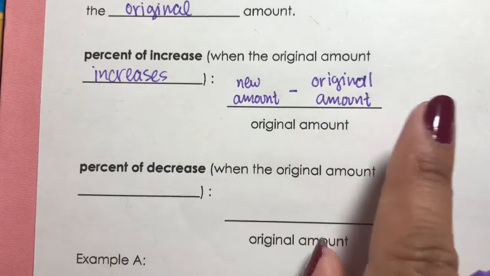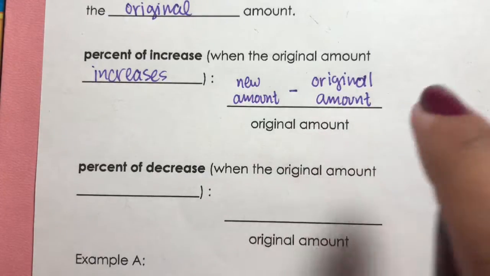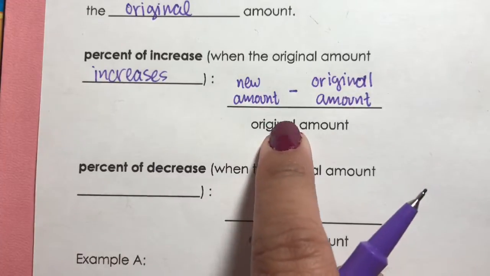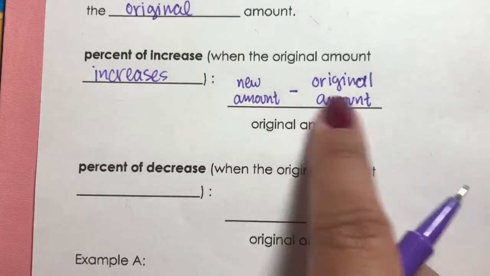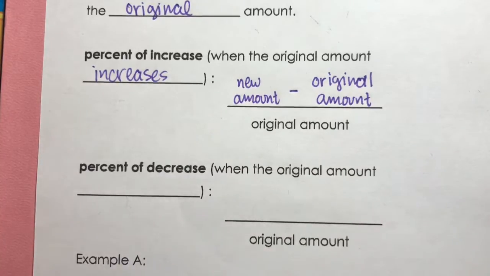Right now it just looks like a bunch of words to you, but once we do the example, you'll see what I mean. But the percent of increase formula is the new amount minus the original amount, divided by the original amount.